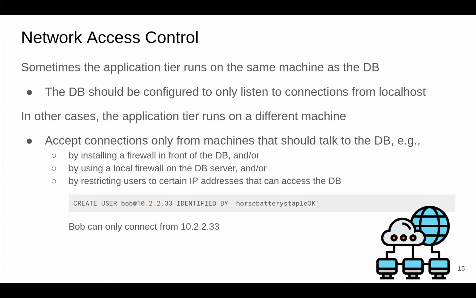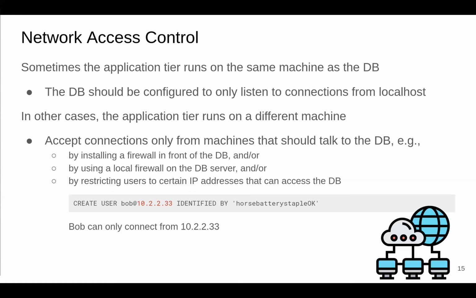In many other cases, the application tier runs on a different machine. So if you're a small company, you usually have one server that runs your database, your application, and whatnot. In most other cases, if you're reasonably sized, your database runs on a dedicated machine, and then you have a couple of caches and application layer machines that run the application logic.